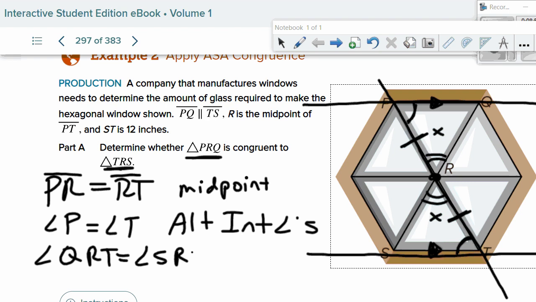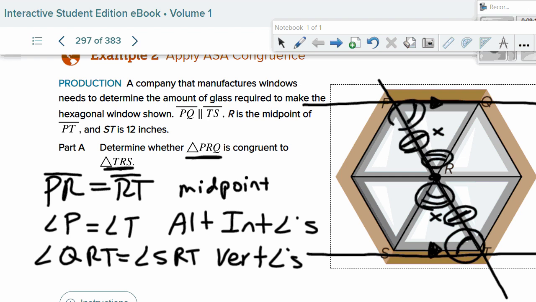And that's by vertical angles. Okay. So taking all that stuff they gave you, what we figured out, we got this angle and this side and this angle are equal to this angle, this side, that angle. So the two triangles are equal by angle, side, angle.